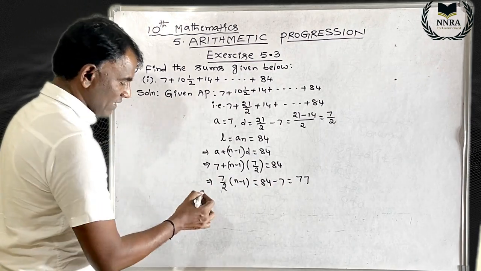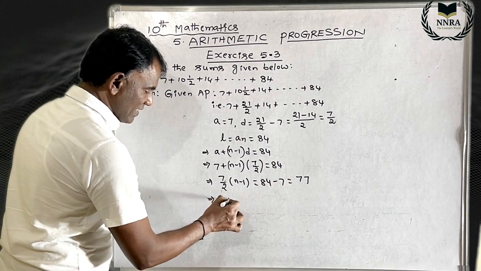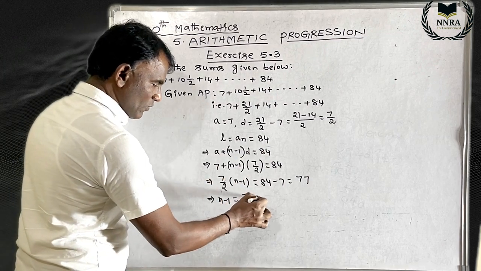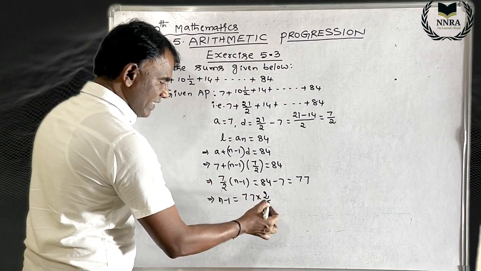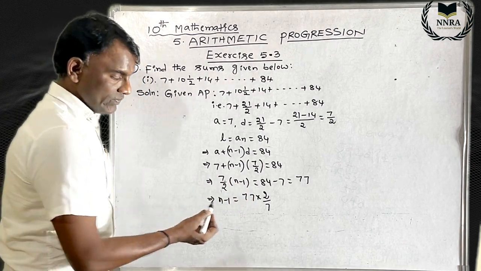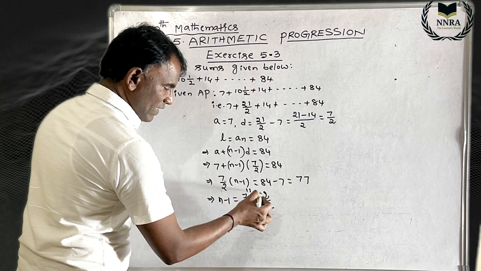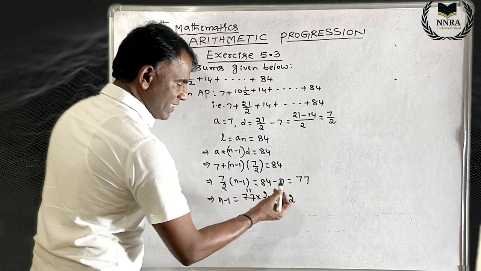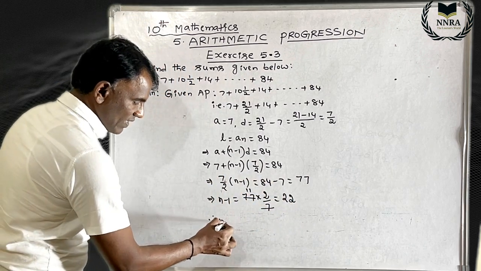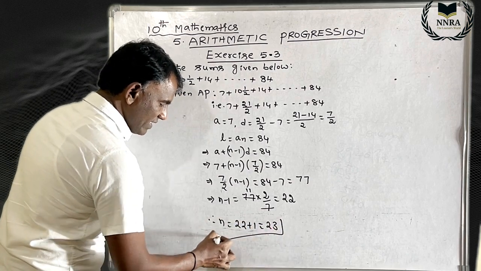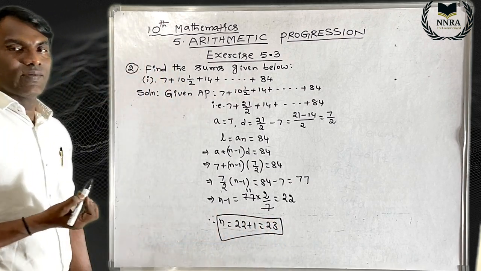Now n minus 1 equal to, if you take 7 by 2 to that side, numerator and denominator will be interchanged. 7 ones are 7, 7 elevens are 77. Now 11 into 2 is equal to 22. Therefore n equal to 22 plus 1 equal to 23. This is the value of n.